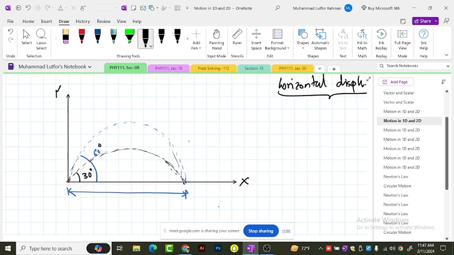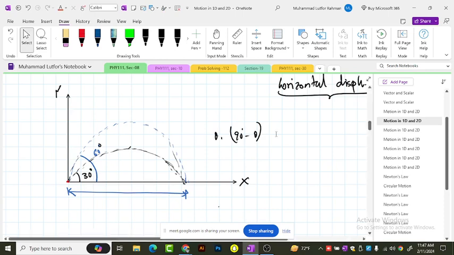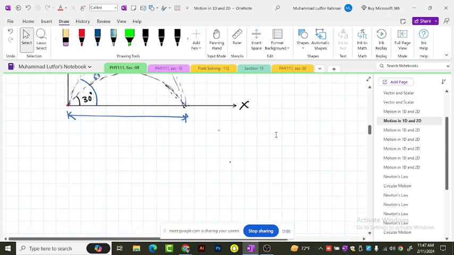The time up and the time down are not exactly the same, because it's traveling a larger vertical displacement with respect to that one, but the horizontal displacement would be the same. So that's why theta and 90 degrees minus theta cover the same horizontal displacement. This is a very important characteristic of this motion.